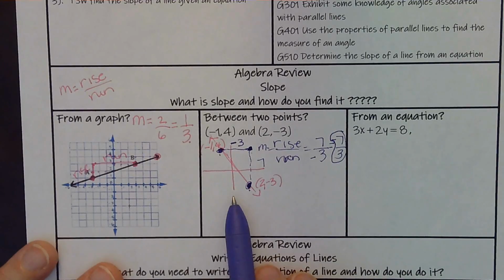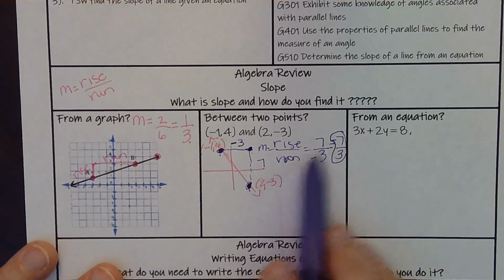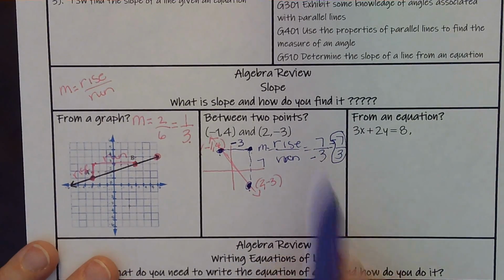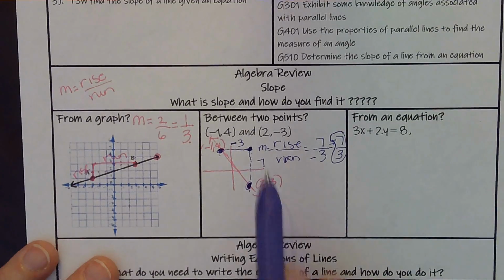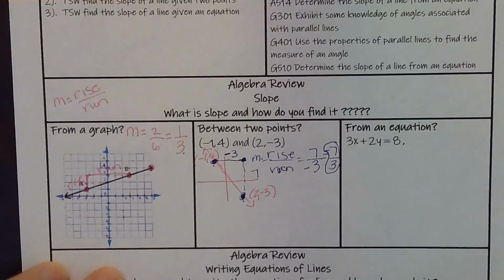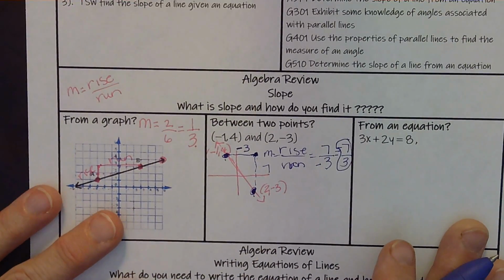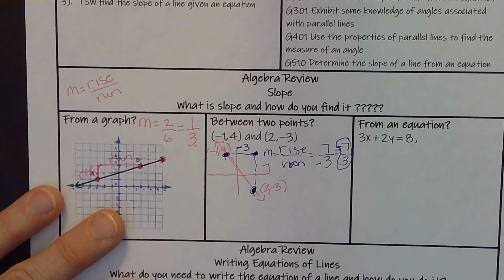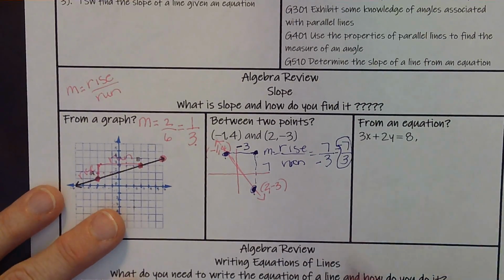But sometimes we need a way to find the slope not necessarily doing rise over run, because plotting those points can be kind of time consuming. So here's what I want us to remember.